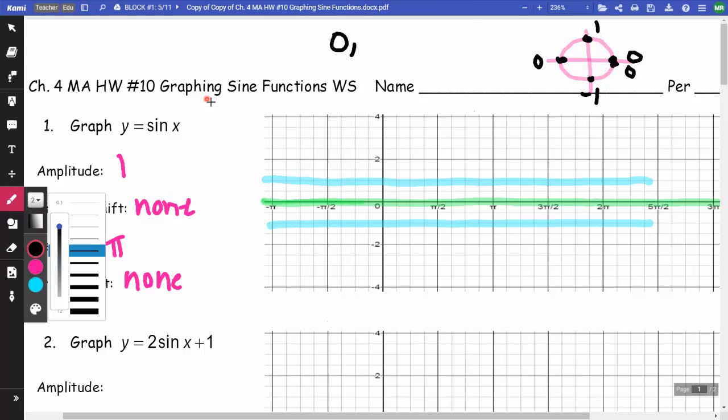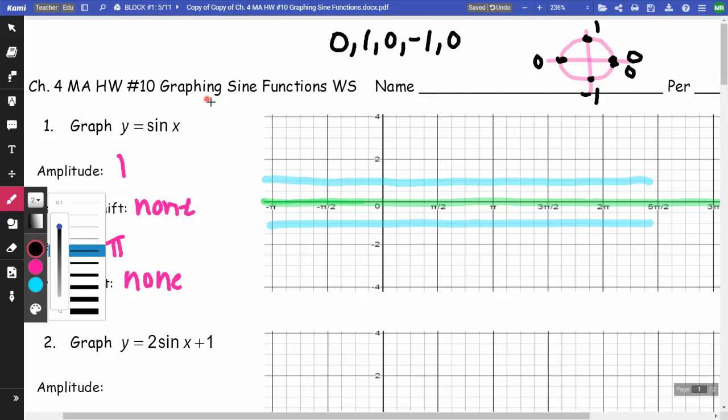So I'm graphing 0, 1, 0, -1, 0. I start and stop at my zeros. Halfway in between here is my 0. And then in between my 2 zeros, I'm going to have my high at 1 or my low at -1.